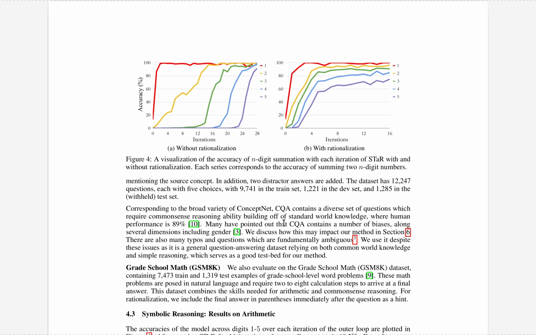We discuss how this may impact our method in section 6. There are also many typos and questions which are fundamentally ambiguous. We use it despite these issues as it is a general question answering dataset relying on both common world knowledge and simple reasoning, which serves as a good testbed for our method.